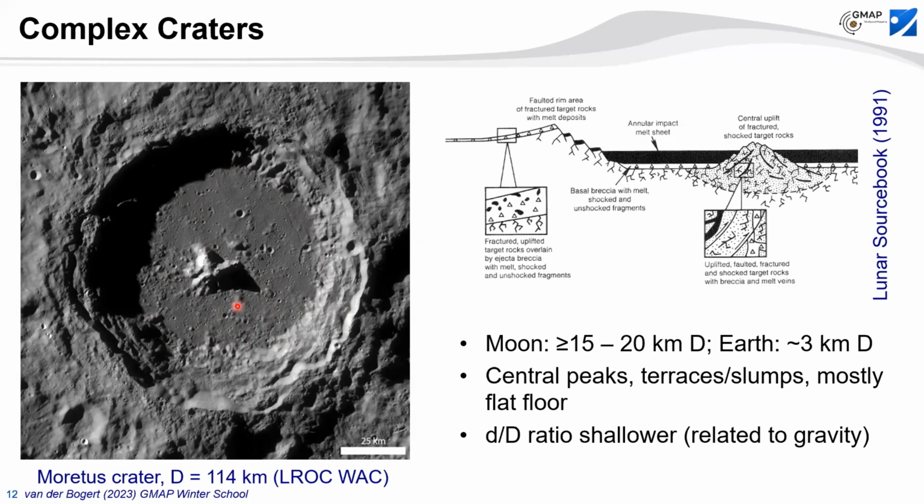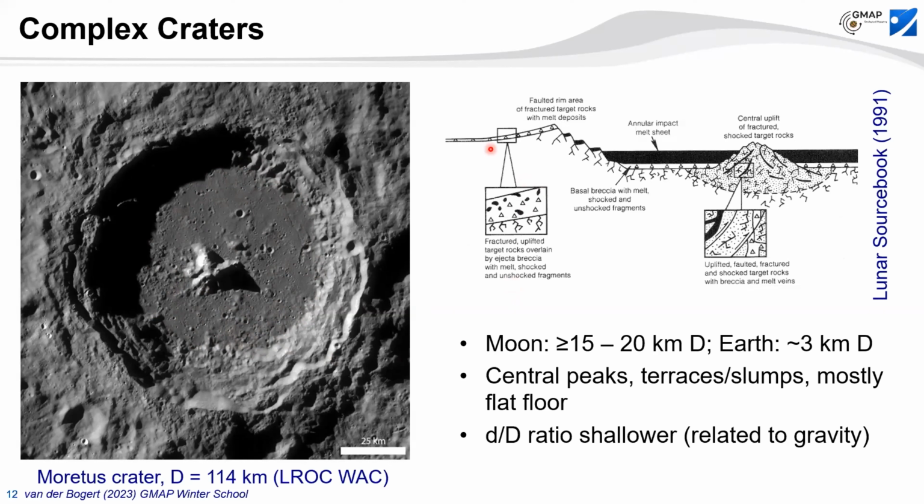Tsiolkovsky, which you looked at yesterday, is a complex crater that got filled by Mare basalts after its formation. But in this case, this also looks like impact melt sheet and impact debris that has filled Moretus crater.